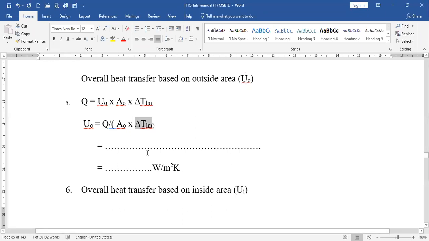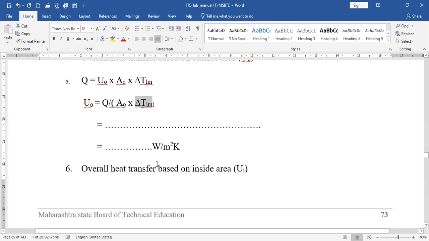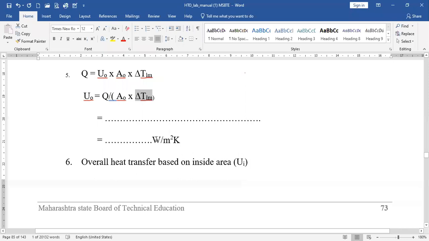With the help of these three parameters, we can calculate the overall heat transfer coefficient, that is the outside overall heat transfer coefficient, indicated by capital U suffix O. The unit of this UO should be watt per meter square Kelvin, right?